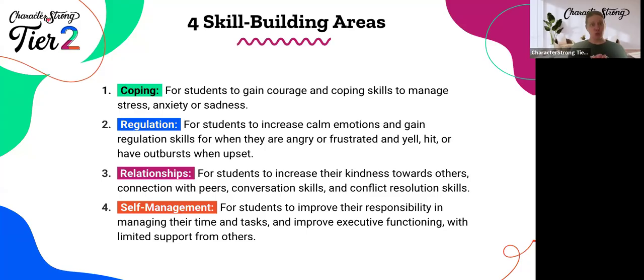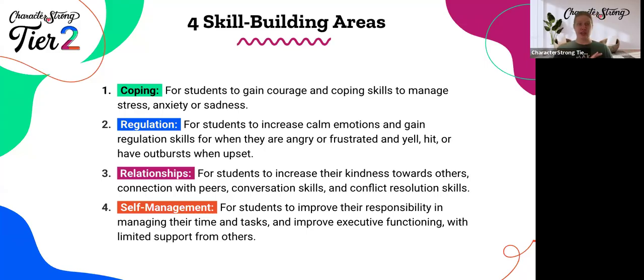The first one is coping. This is for students who struggle with stress, anxiety, or sadness. They need coping strategies or internalizing skills. Regulation is for students who are easily frustrated, easily angry. They don't have those emotion regulation skills. We're seeing a lot of externalizing emotional concerns or behaviors. Relationships is for students who have difficulty with social skills and difficulty interacting appropriately with others.